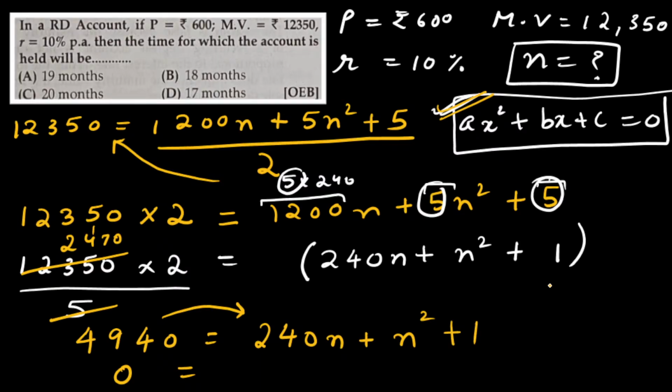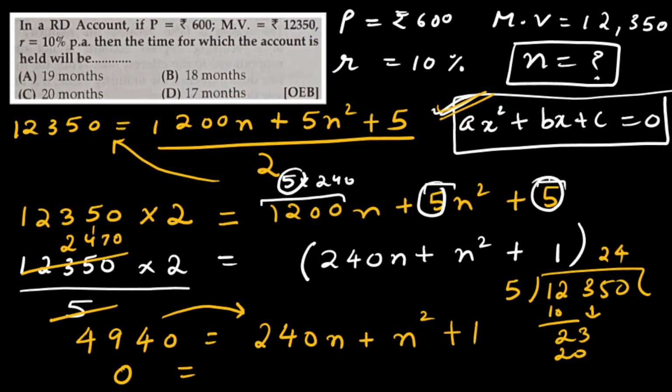Okay, let me check once again. 12,350 on 5's table, if I do cancellation, 5 into 2 is 10, 5 into 4 is 20, 5 into 7, and then into 2.